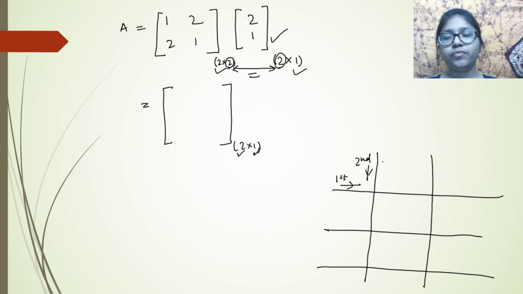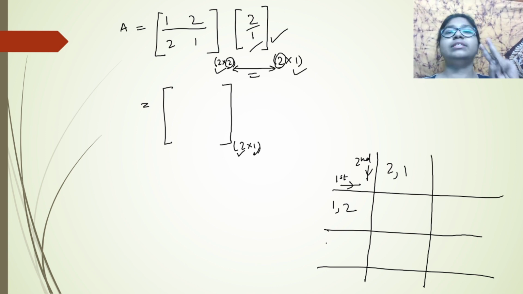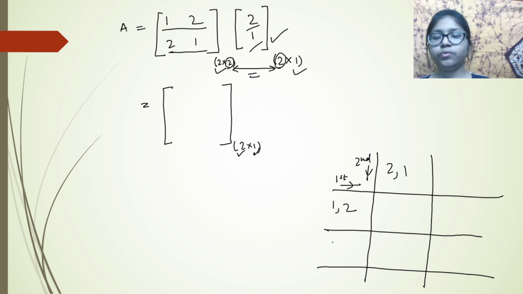First write the column elements of the second matrix, that is 2 and 1, 2 comma 1, and here you will write the row elements of first row of A, that is 1 and 2, 1 comma 2. Here you will write the row elements of the second row of A, that is 2 and 1, 2 comma 1.